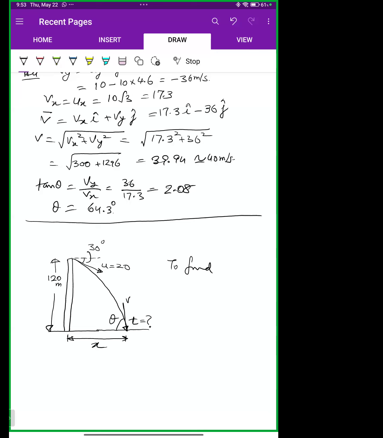To find T, V, theta and X. Understand this first.